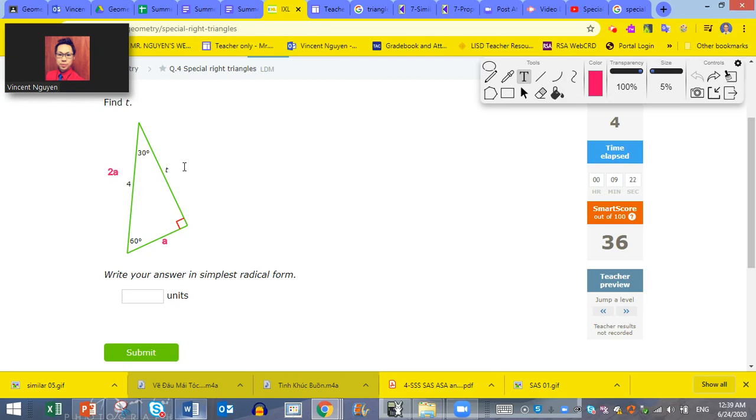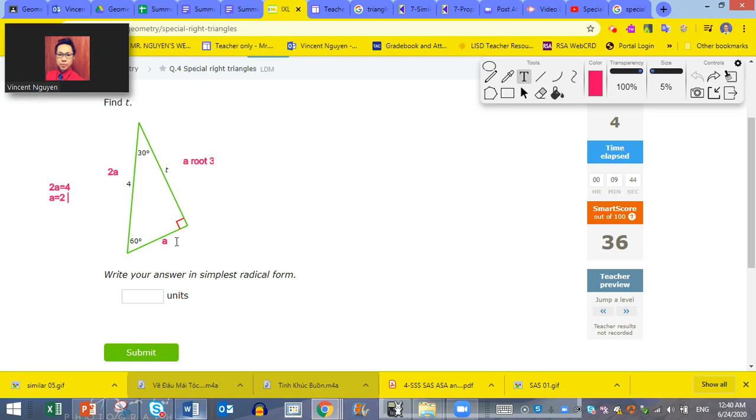Now, if I'm solving for A, I'm going to need to write an equation right here because 2A is 4. And then this one is A times root 3, right? So let's start with this equation. The hypotenuse is 4, but the hypotenuse is 2A. So it's 2A equals 4. Well, if 2A is equal to 4, then you divide by 2, you get A equals 2, right?